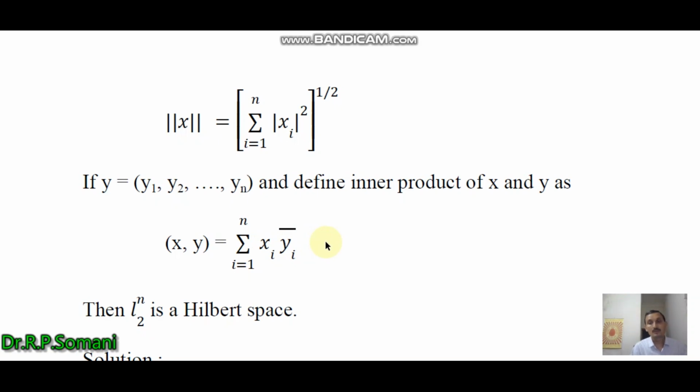Then we have to show that this L2n is a Hilbert space. So we have considered the Banach space, defined the norm and the inner product, and we will check the conditions for the Hilbert space. Then we can say that this is a Hilbert space.